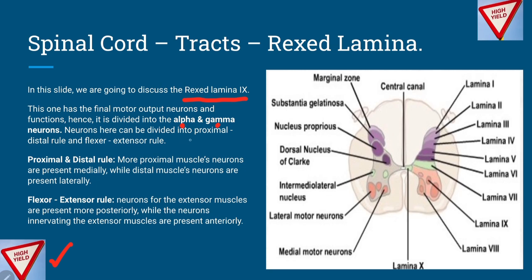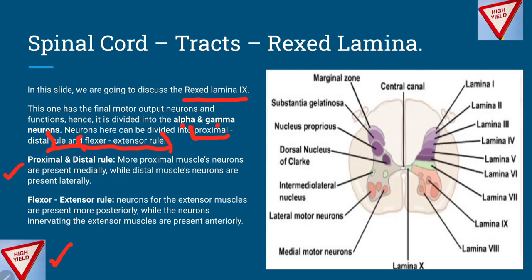And these neurons can be divided into proximal and distal, or flexor and extensor groups. So basically, the Rexed lamina can be divided into two types of groups, based on what they're supplying from the motor perspective, either the proximal or distal one, or the flexor or extensor one. Let's look at the proximal and distal one.